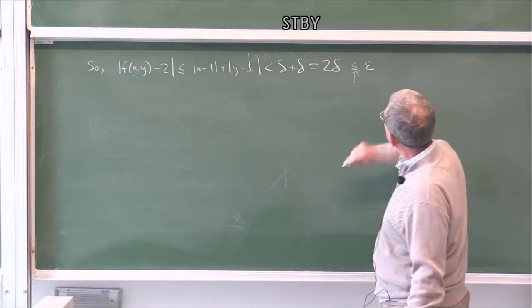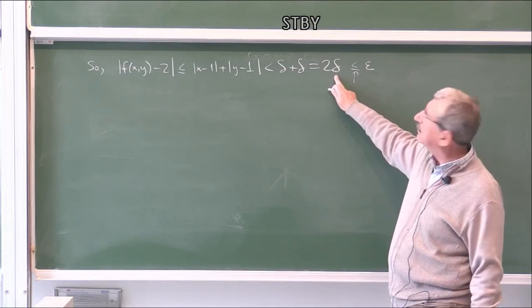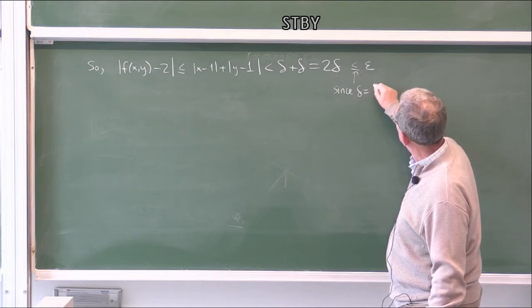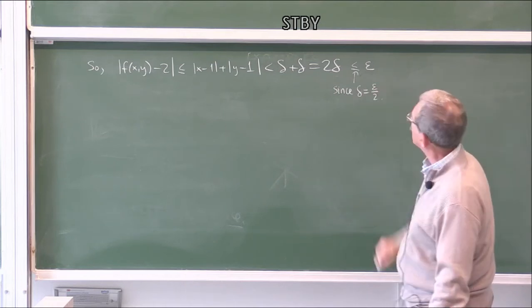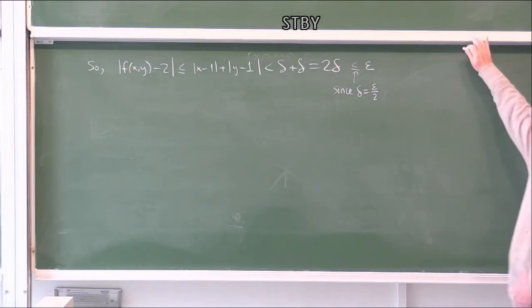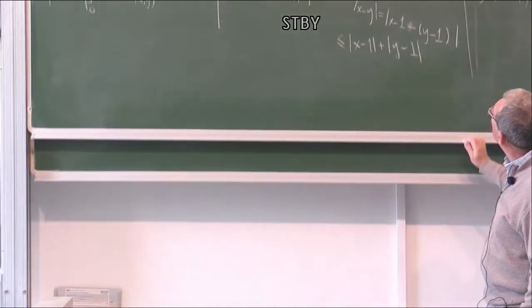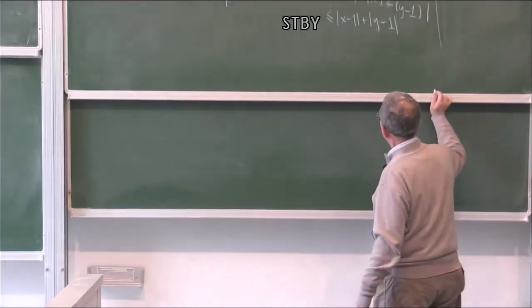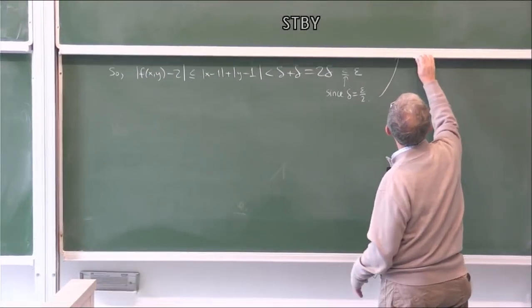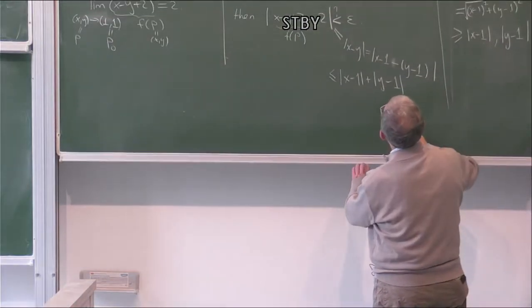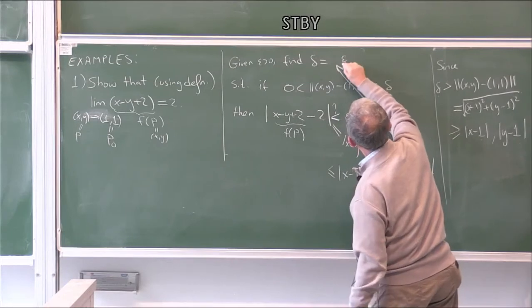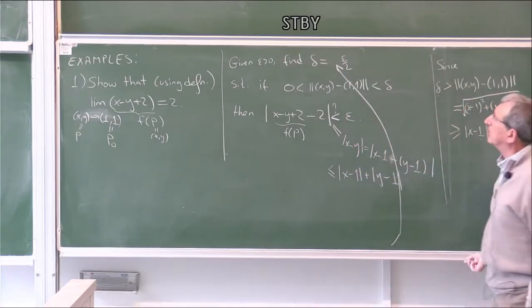So here, we have to choose delta, for example, epsilon over 2, it works. So we go up. Let me put an arrow here. Choose it as epsilon over 2.